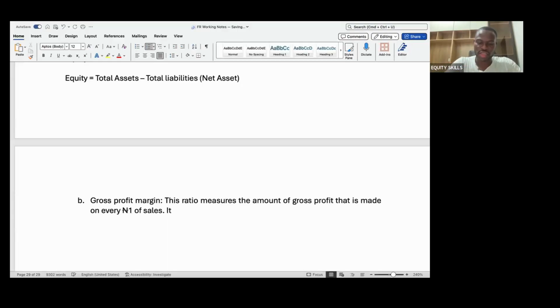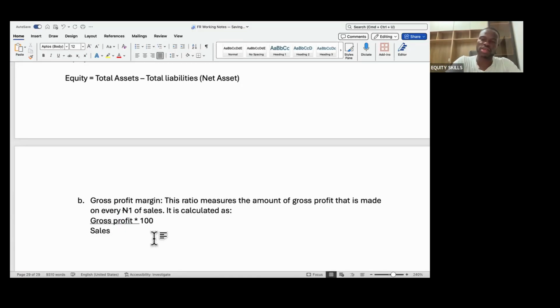It is calculated as gross profits all upon your sales, multiplied by 100. That's your gross profit margin.